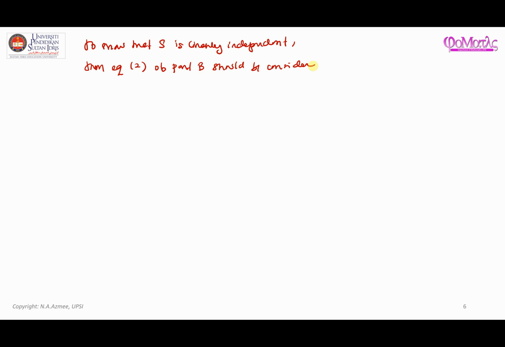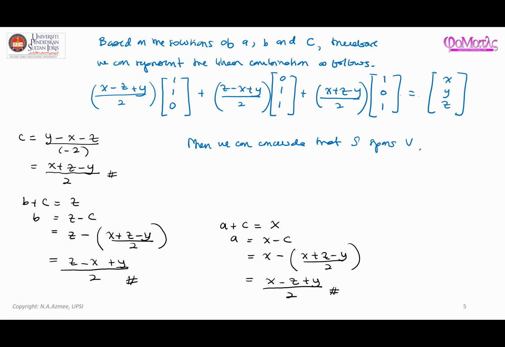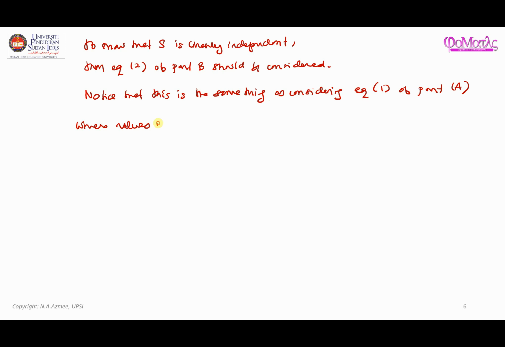To show that S is linearly independent, equation 2 of part B should be considered, and notice that this is the same thing as considering equation 1 of part A, where values of x, y, z can be set equal to 0.